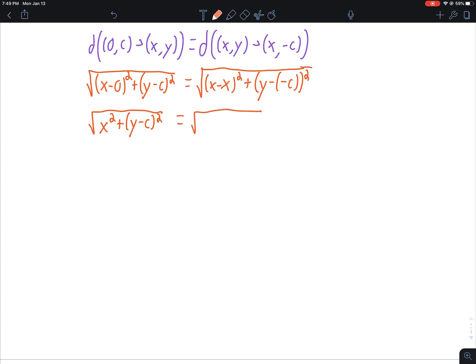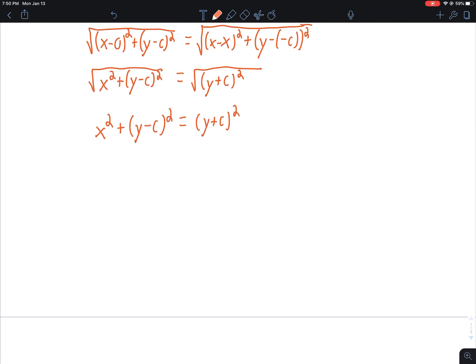So this is really nice. What we have over here is just the y part, and that ends up being (y + c) squared. So now let's square both sides, just to get rid of the square root, and rewrite it for nicety's sake. x squared plus (y - c) squared equals (y + c) squared.